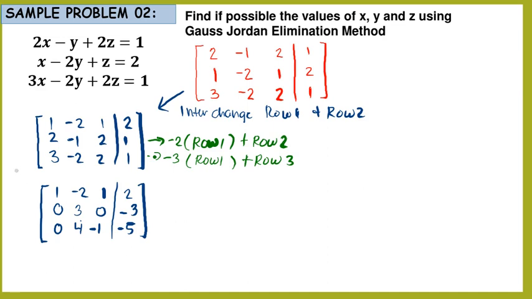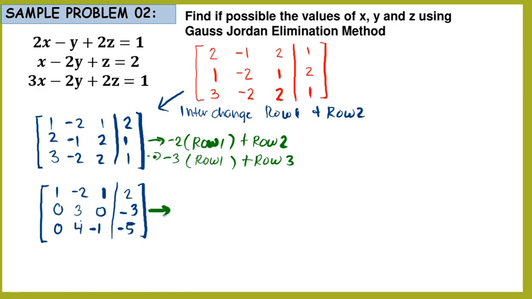Okay, naging 0 na yung ito. Next, we need to make the second diagonal natin na 1. So, gawin natin itong 1. So, to make this 1, we need to multiply an equation. We need to formulate an equation dito sa ating row 2 para maging 1 yung ating diagonal dyan.